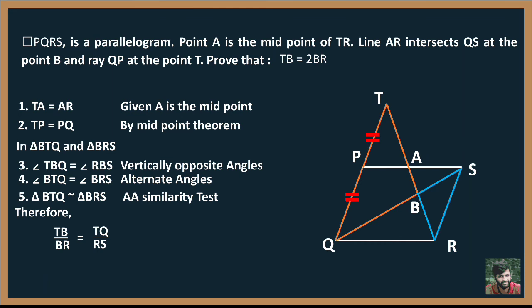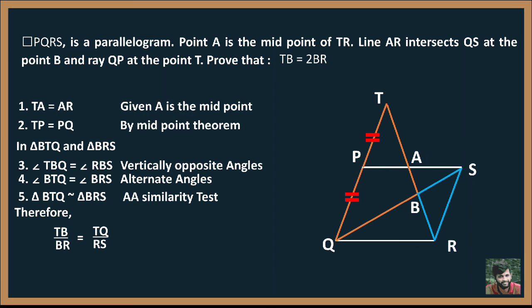If you are having trouble writing the corresponding sides, do let me know in the comment section. I will be happy to make another video on how to write the corresponding sides well, because most of the time students make mistakes in writing them, write it the wrong way and lose marks. So TB upon BR is equal to TQ upon RS.